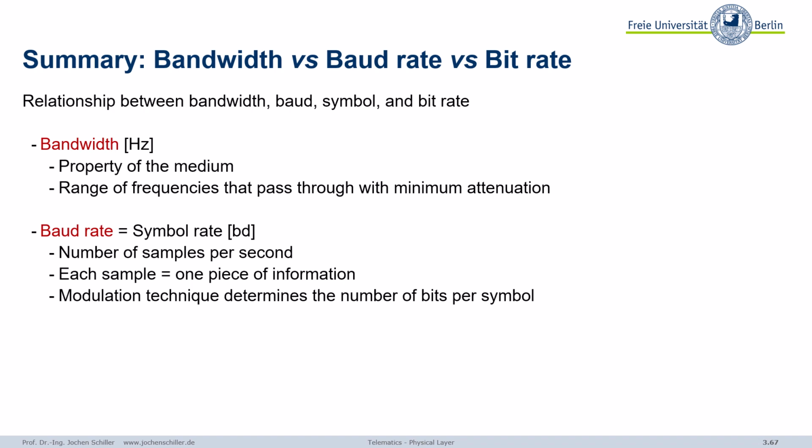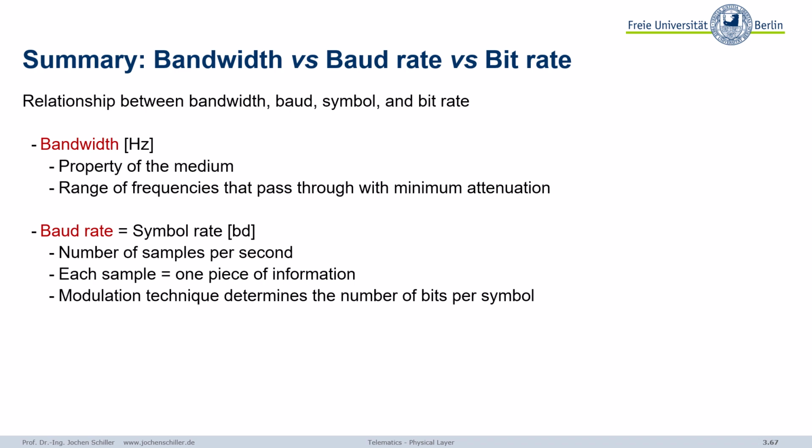We learned what the baud rate is, so how many symbols per second we transmit. And these symbols are samples of a signal, and they carry a piece of, in the end, information. If we go to information theory, so some information. For us, it's data.